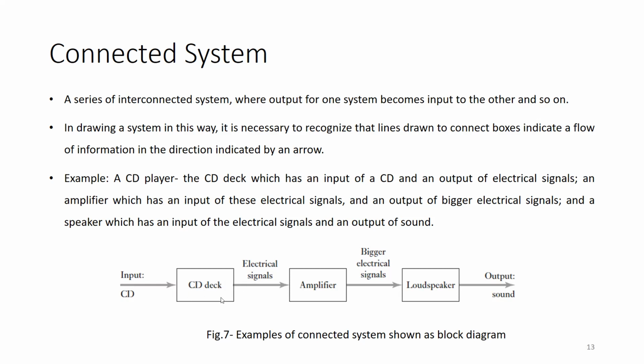where CD decks are now rarely used, but previously there used to be CD-ROMs and CD decks, where you put some CD, and after the CD is read by optical encoders or some optical systems, they generate some electrical signals which are amplified.